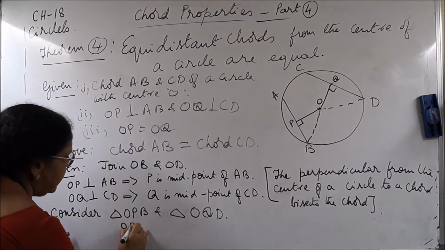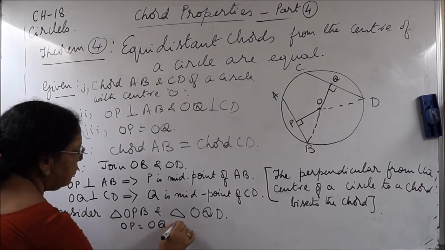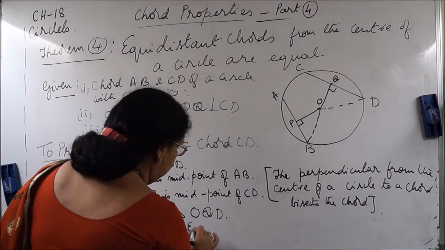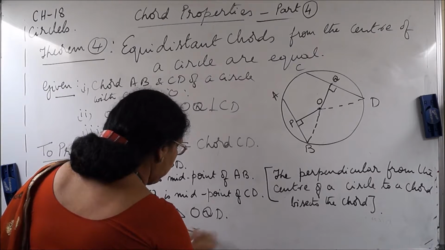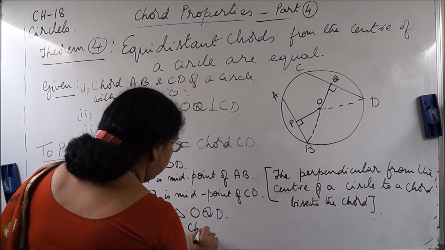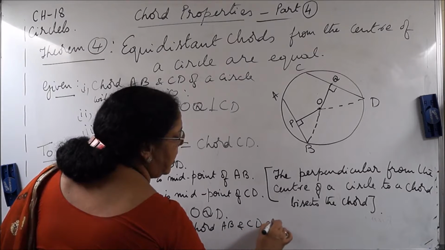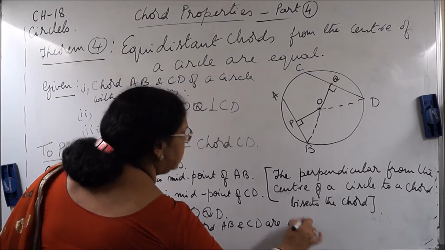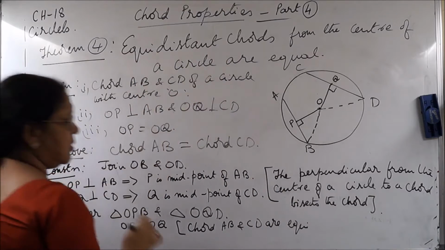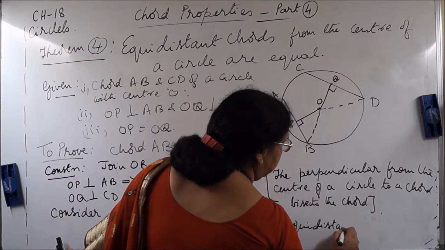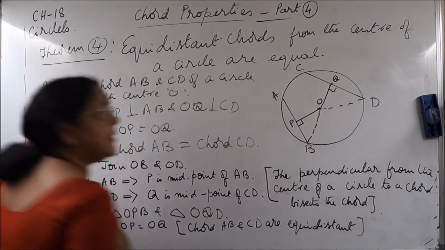What is the reason? Equidistant chords given, or we can say chords AB and CD are equidistant from the center of the circle. That is what is already given to us.